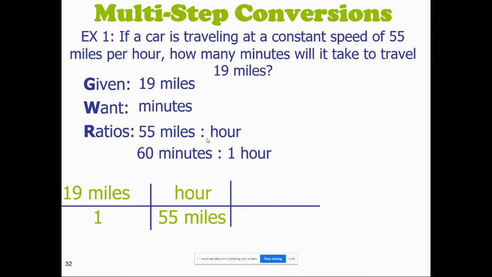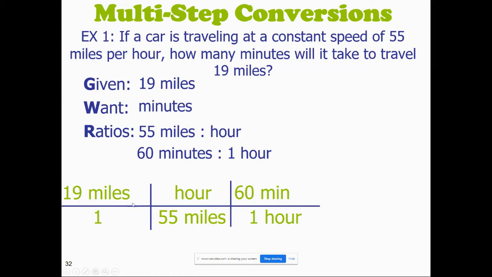Okay, so now when we do that, miles cancel out. And we're left with hours. But we don't want hours, we want minutes. Well, that's all right, because we can go from hours to minutes. That's pretty easy. We know that 1 hour is equal to 60 minutes. So we can put the hour here, so that it cancels out with this hour, and the 60 minutes on top.